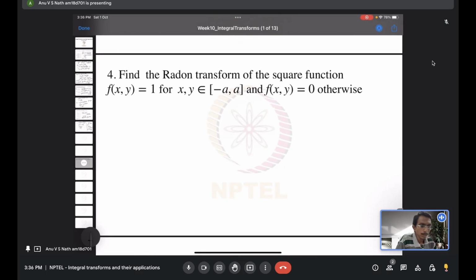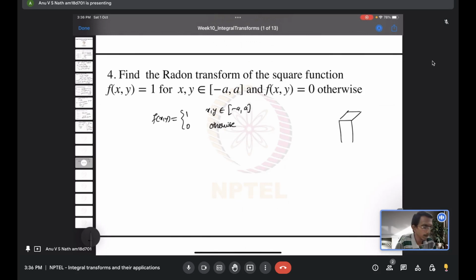Find the Radon transform of the square function, f of x comma y is 1 for every x or y in the interval minus a to a and 0 otherwise. So it's a piecewise function, and this will actually plot a surface in three-dimensional space that will look something like this.